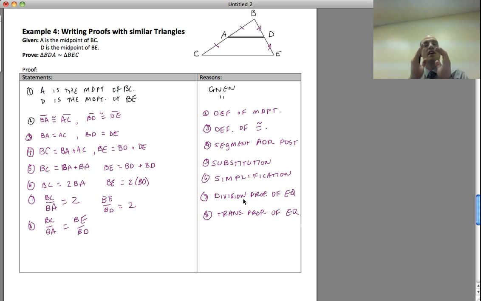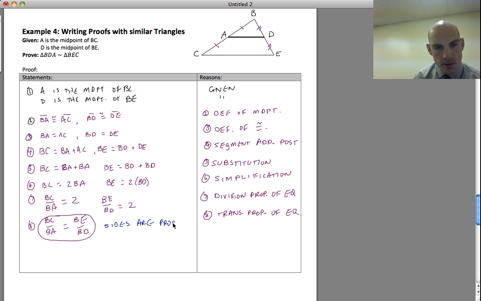So now we have created a proportion here, right? Because this means that the sides are proportional. That's good, because now that the sides are proportional, we have that piece.